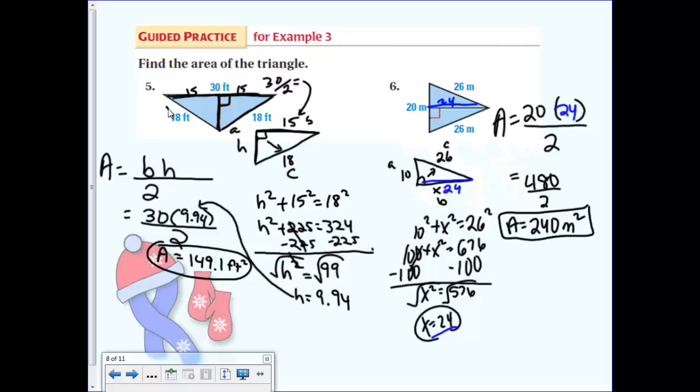Do we get 240 square meters? The whole base is 20 times the height divided by 2. Some of you are going to catch this. Watch real quick. Little bit of mental math. What's 20 divided by 2? 10. 10 times 24 is 240.